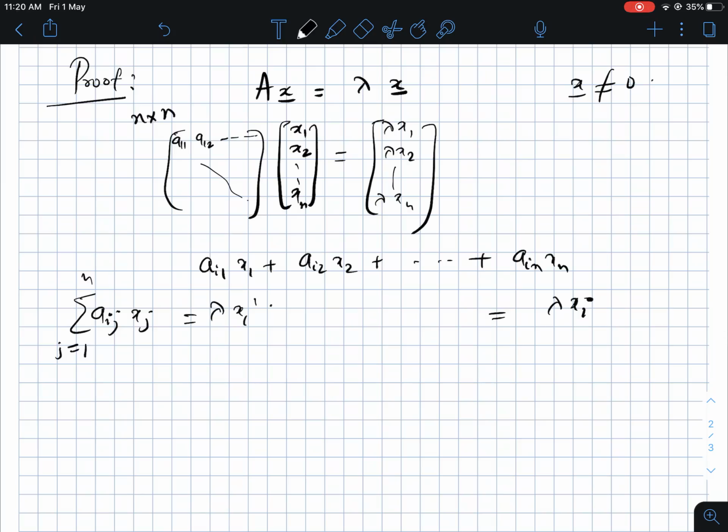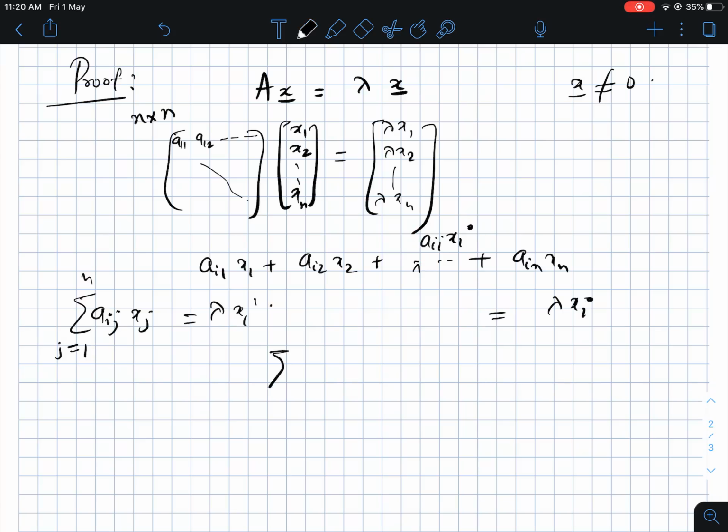Now, in order to get the center and radius kind of description, let me try to isolate the center from these expressions. The coefficients are ai1, ai2, ain. Somewhere in between you will have aii, right? Somewhere you will have aii xi. That will be one of the terms in this. And aii being the center, let me isolate this term and move it over to the right hand side.